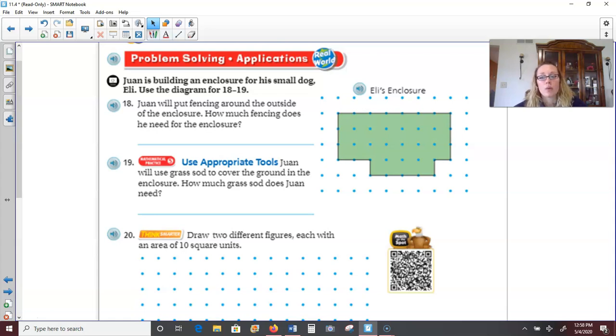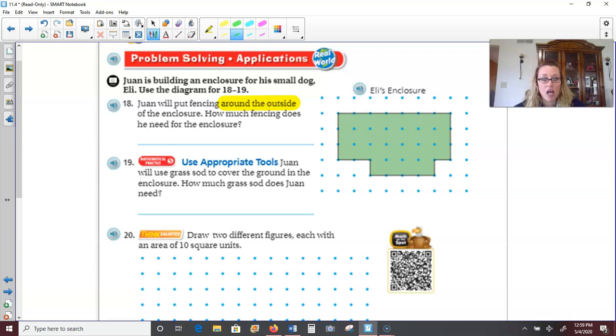Ooh, so the key words here were around the outside. So is he calculating the area or the perimeter? Hopefully you said perimeter because he's going around the outside. So let's count the perimeter of Eli's enclosure.